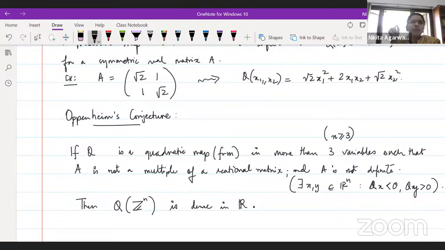If you take any real number and a small neighborhood around it, there will be an integer tuple in Z^n whose image falls in this interval. That is called density.